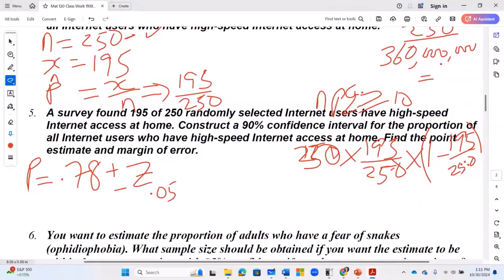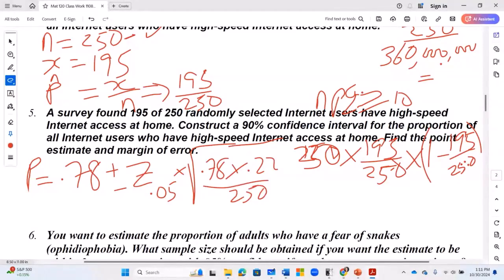Then multiplied by the square root of 0.78, which is P, multiplied by 0.22, divided by the sample size, which is 250.